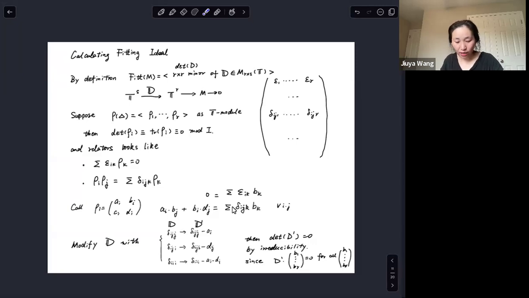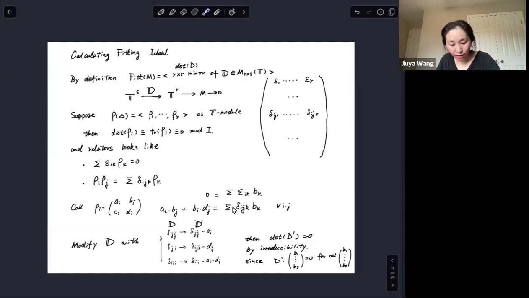This gives a very natural way to construct generators and relators for our module M. Suppose the augmentation ideal is generated by r elements, rho 1 through rho r. And recall that these rho i are all images of some sigma i minus identity. So now the determinant and the trace of these matrices are all going to be 0 mod I.